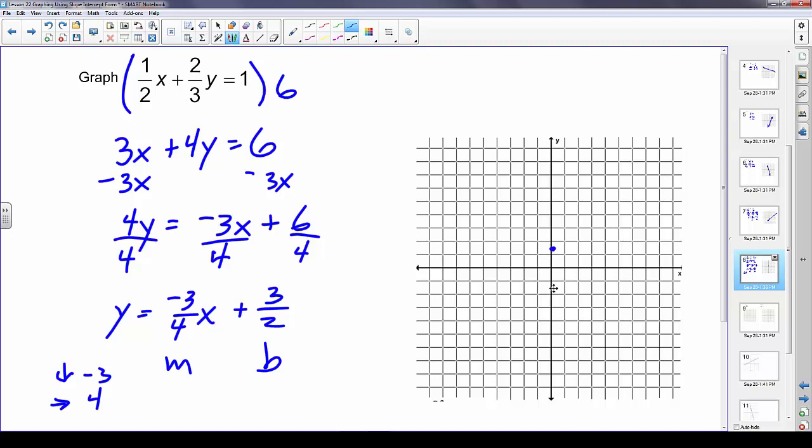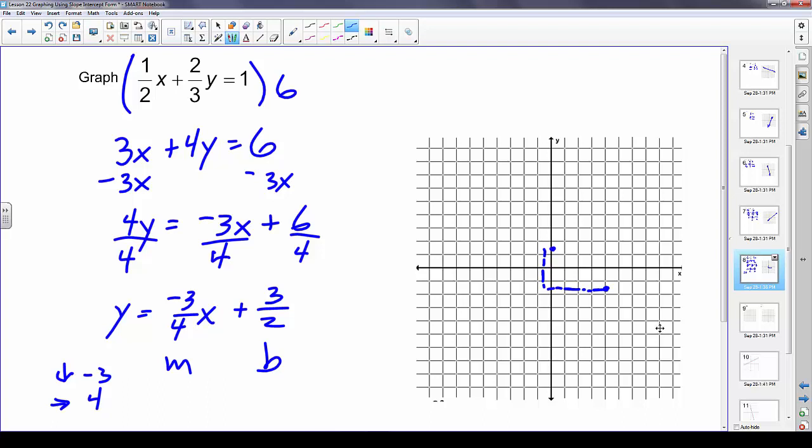So you'll notice that this distance ends in a half spot, and then when I go 4 over, I'm going kind of in the middle of these cross sections and putting my dot there. I go down 3 again, 1, 2, 3, over 1, 2, 3, 4.